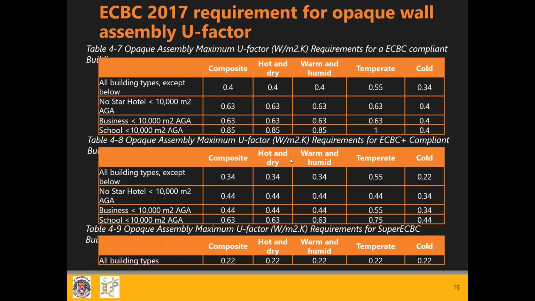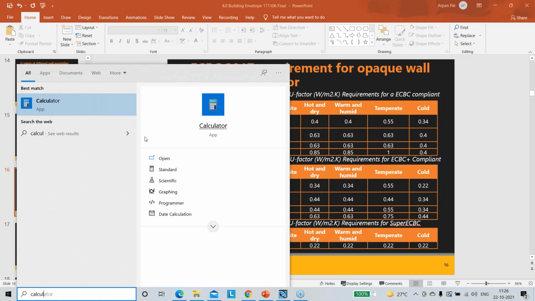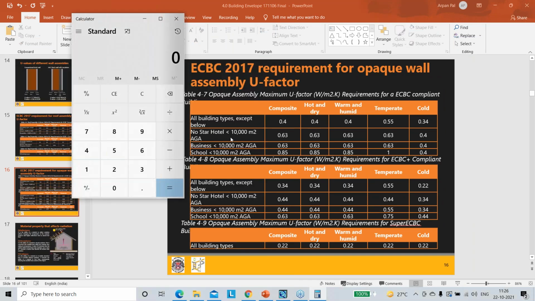If your U value requirement for warm and humid is 0.4, you just divide it by 5.678. This 0.07 is your requirement in BTU, the factor that is required in eQUEST. So the factor is 5.678.